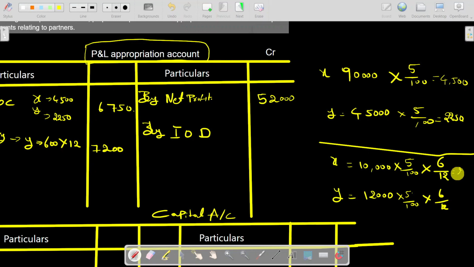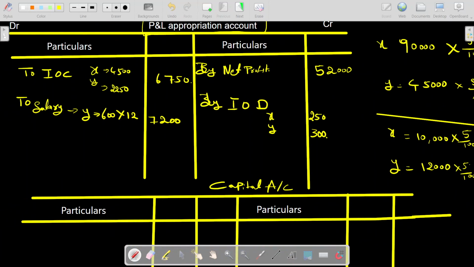So we will get 250 and 300 interest on drawings, X and Y. X is taking 250, Y 300. They have to pay to the firm interest on drawings, right?